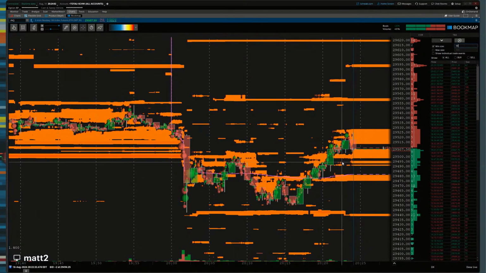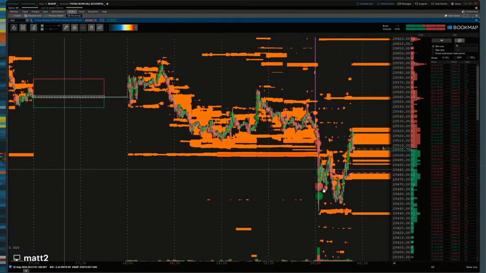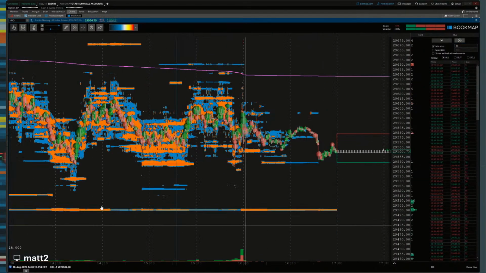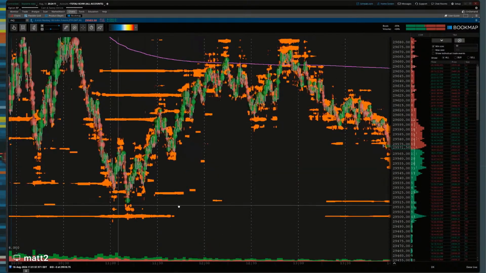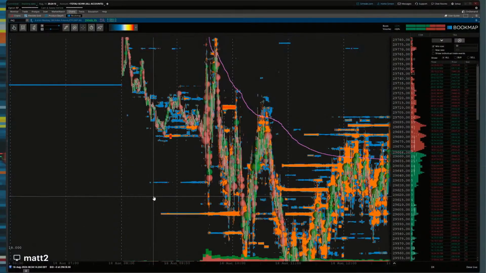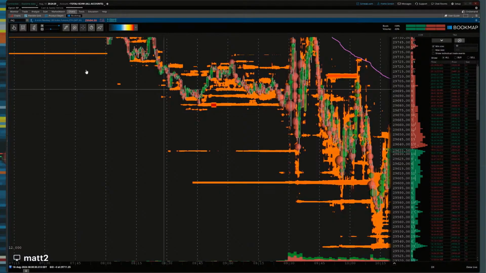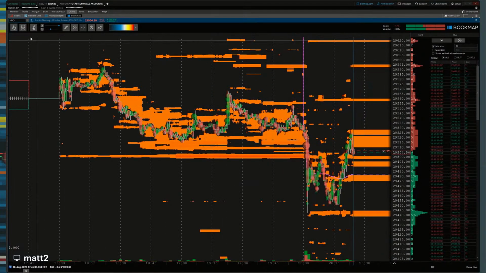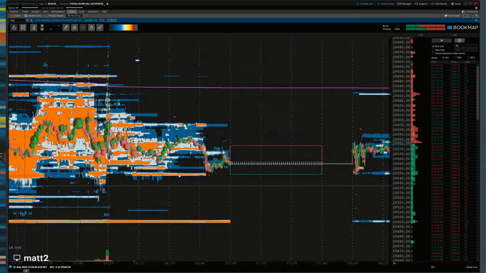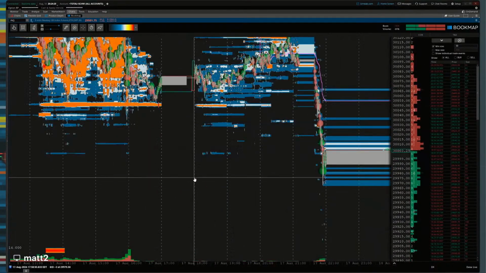This is what my Bookmap looks like. First and foremost, let's go back in time. Go to this morning where we had some actual things to talk about. Oh, sorry. That's going to be impossible, actually.